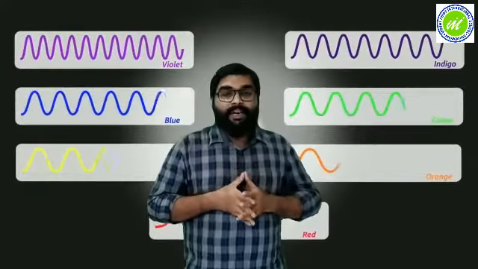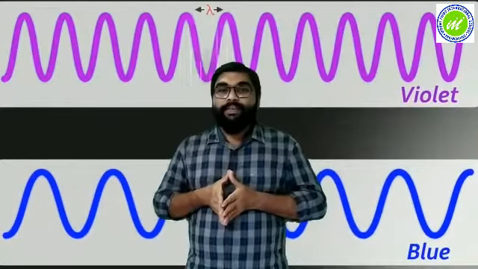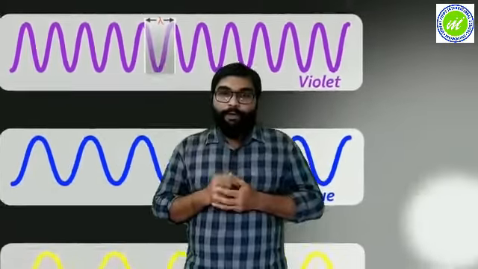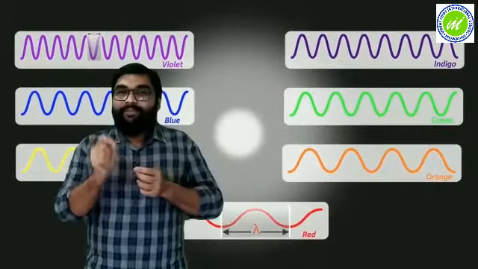As we discussed in the last class, white light contains 7 colors, namely Vibgyor, right? And we studied that violet is having minimum wavelength and red is having maximum wavelength. So my point is, the scattering of light depends on the wavelength of the light.